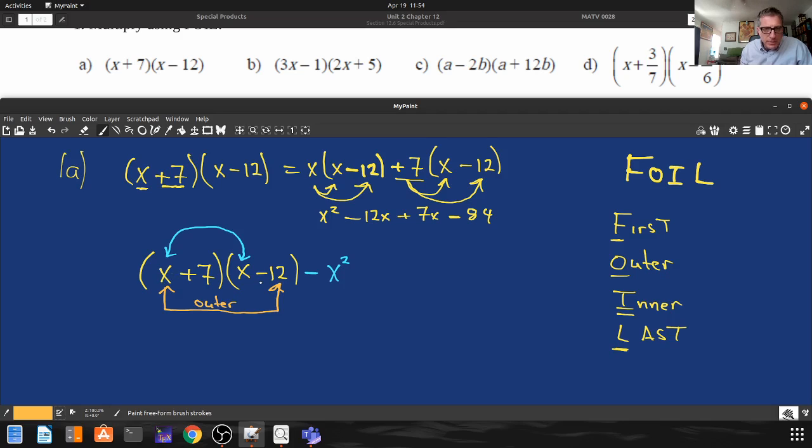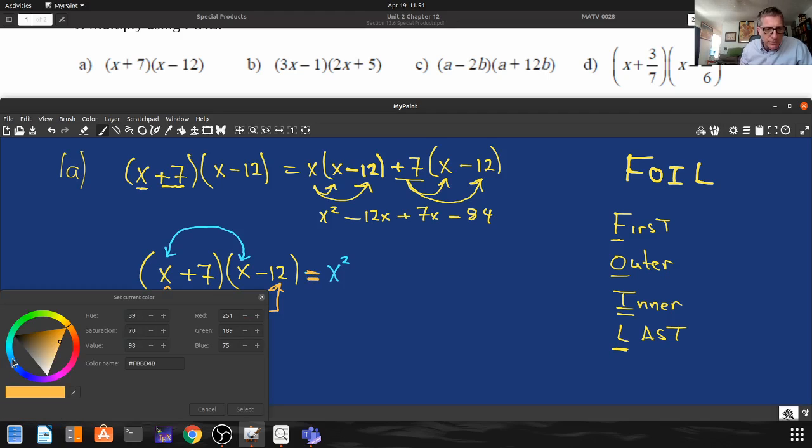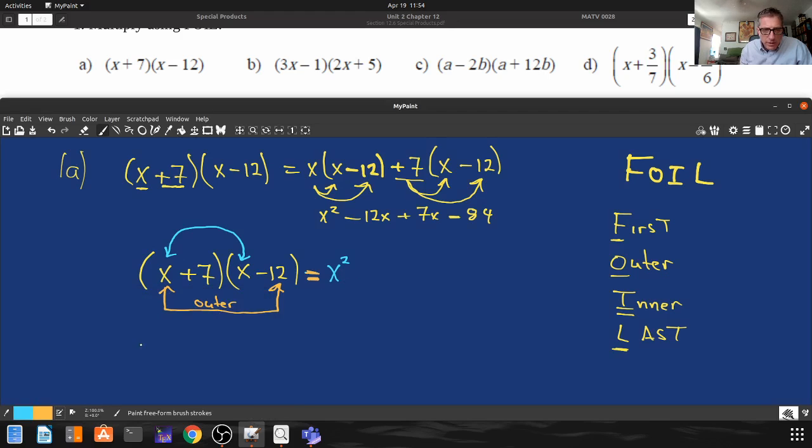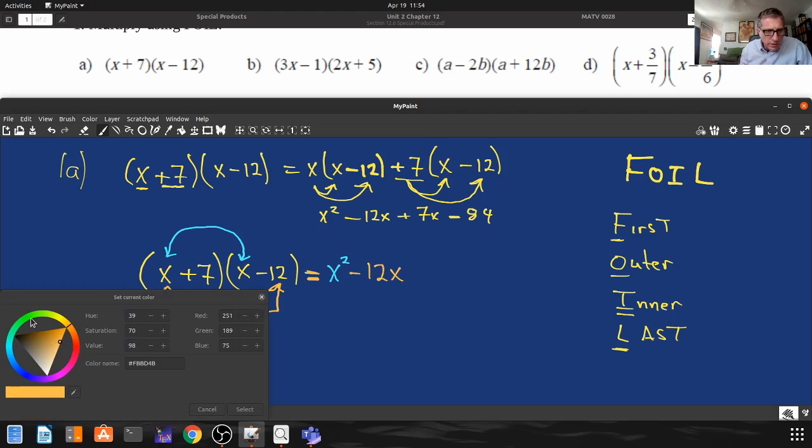So x times minus 12 is equal to minus 12x.